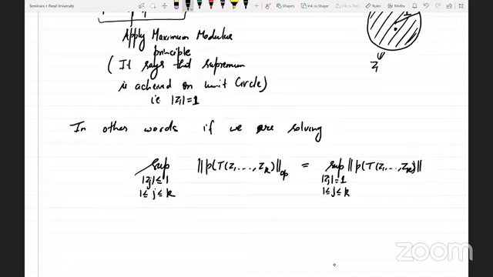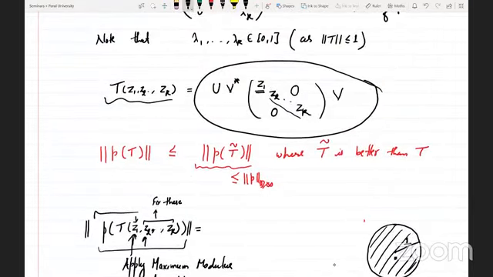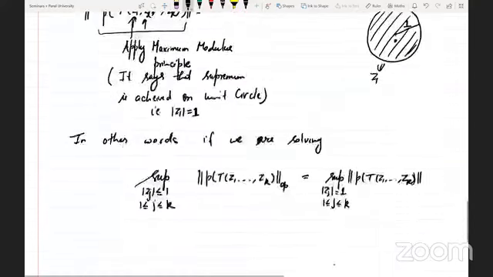But as soon as mod Zj is 1, these matrices become special, right? So let me just write it once again.